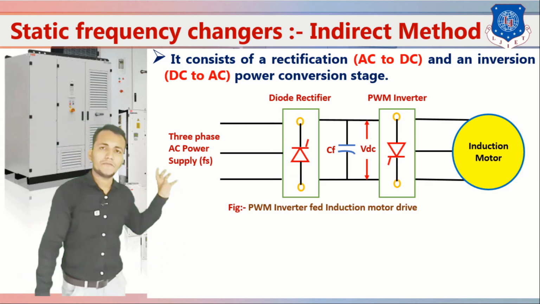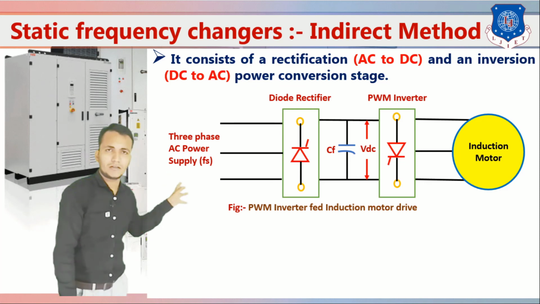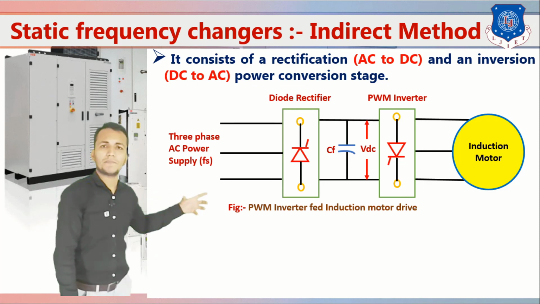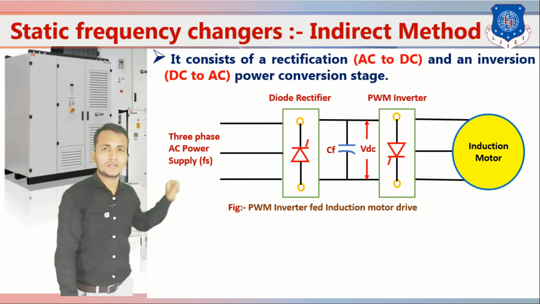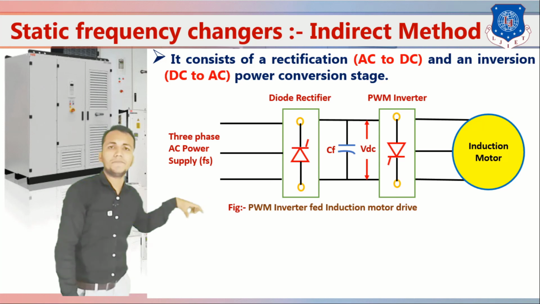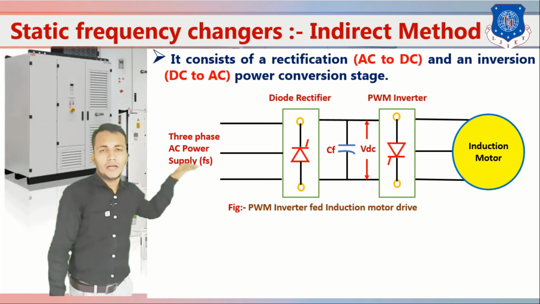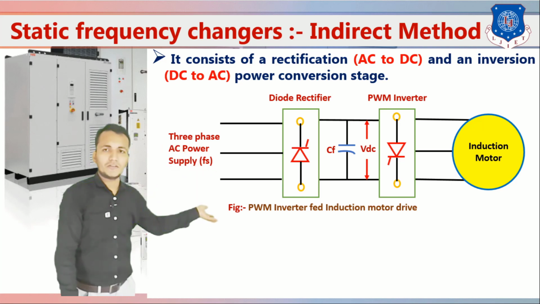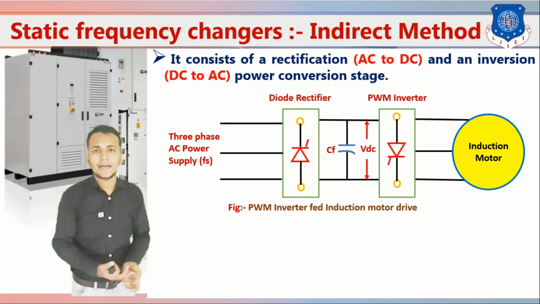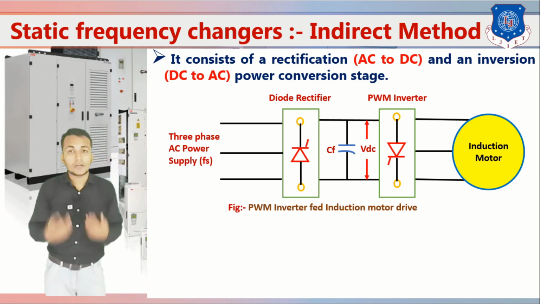Here you can see we have provided the indirect method to convert AC supply to a variable AC supply, okay. Here we have not varied the frequency directly, because whatever the frequency at the input, once it is rectified the frequency will be 0, and again it will be converted into AC supply by using the PWM method. At that time voltage will vary and frequency will vary.